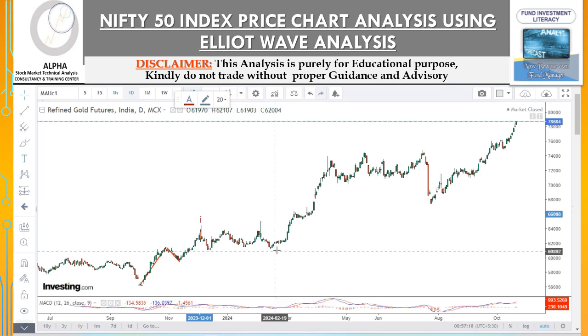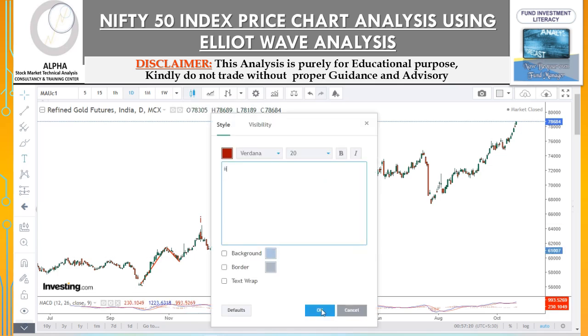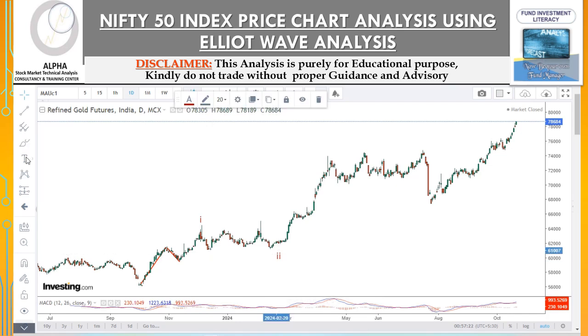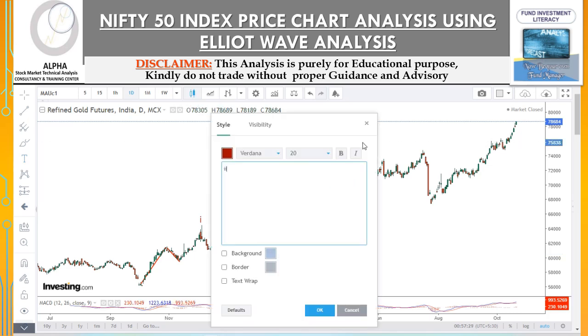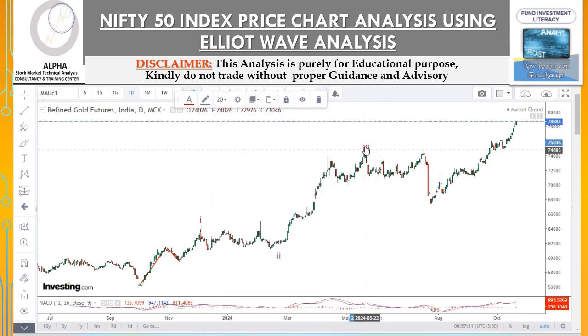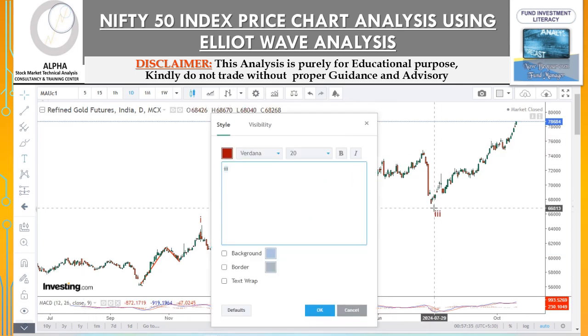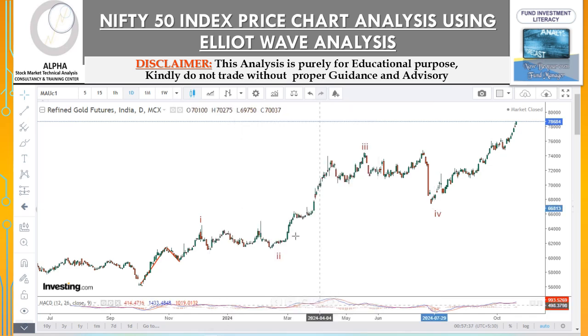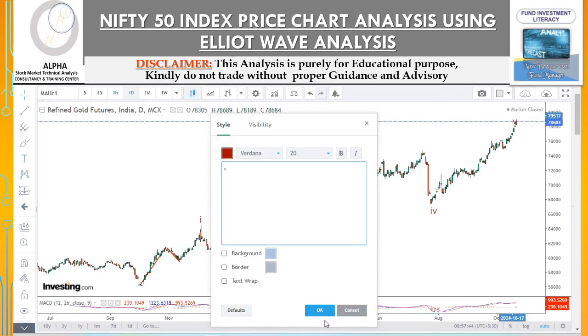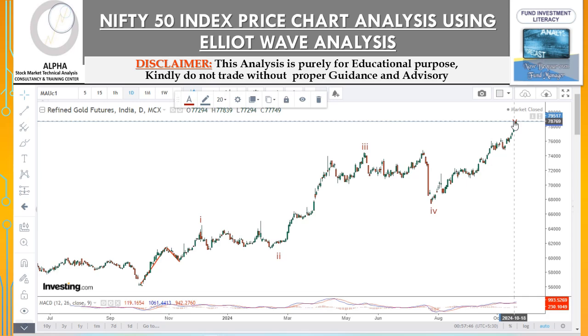That's my 2 right there. That's my 3. Somewhere here. That's my 4. That's my 5. So we are in the 5th wave is what the count I am getting right now.